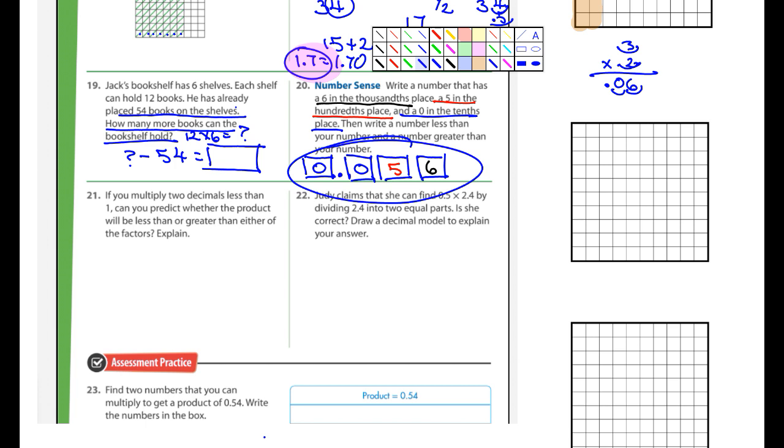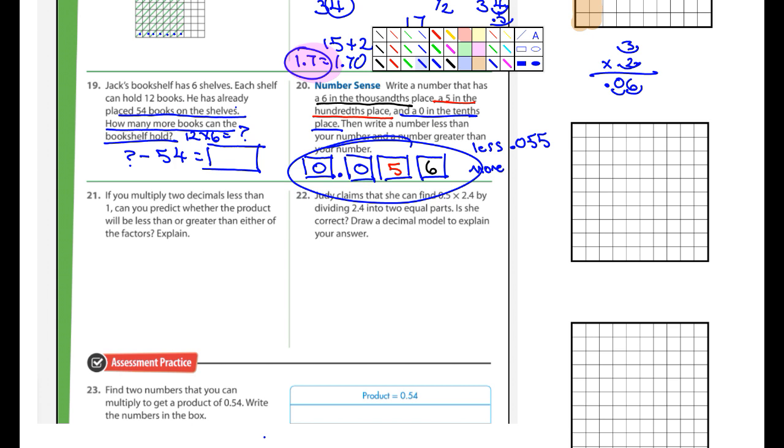So if I have to write one number that's less, I'm going to put less. What will be one number that's less? Well, anything less than 0.056. How about 0.055? That's 1/1000th less. And then greater, I'll put more because that fits.